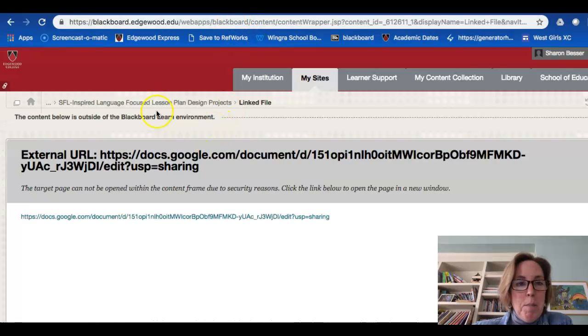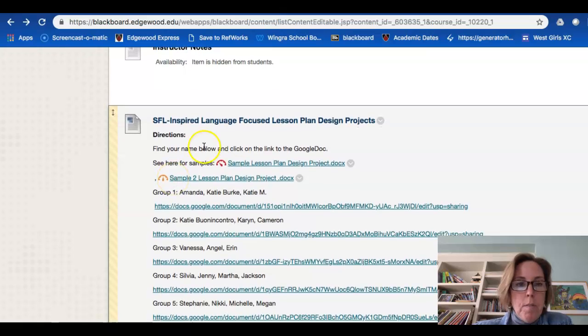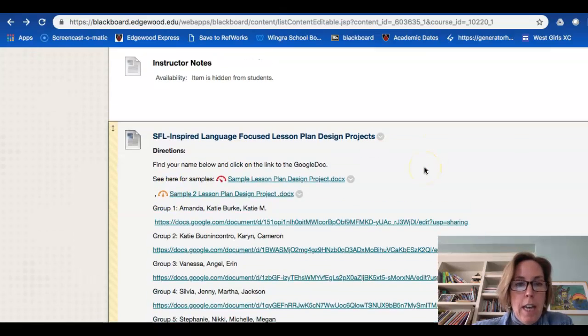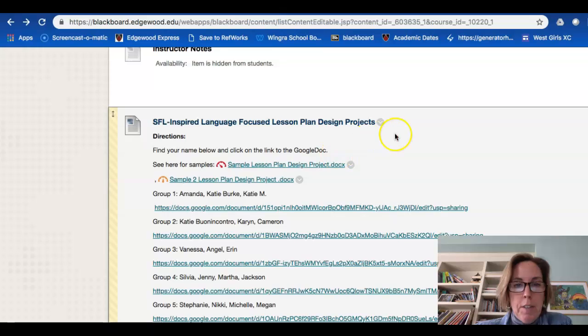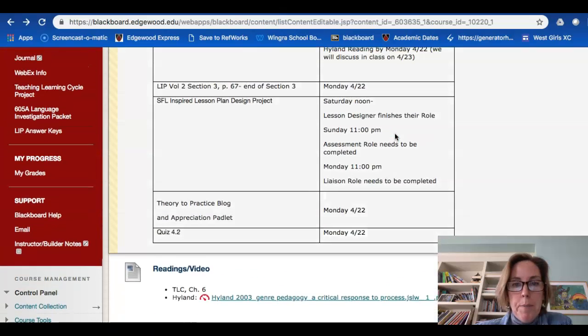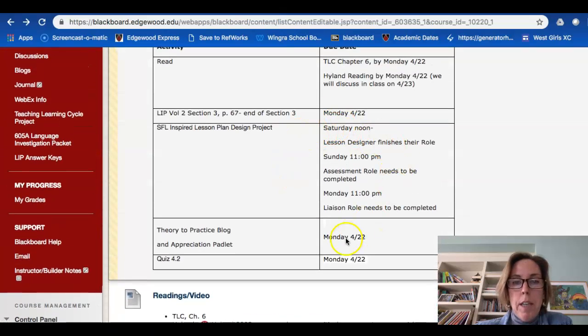Okay, so let's go back. It's a little clunky to get back here. Those are the samples there. In terms of timing, you can communicate within your group if you need any variations on this. I'm going to leave that up to you. But on Saturday by noon, the lesson designer needs to be finished.